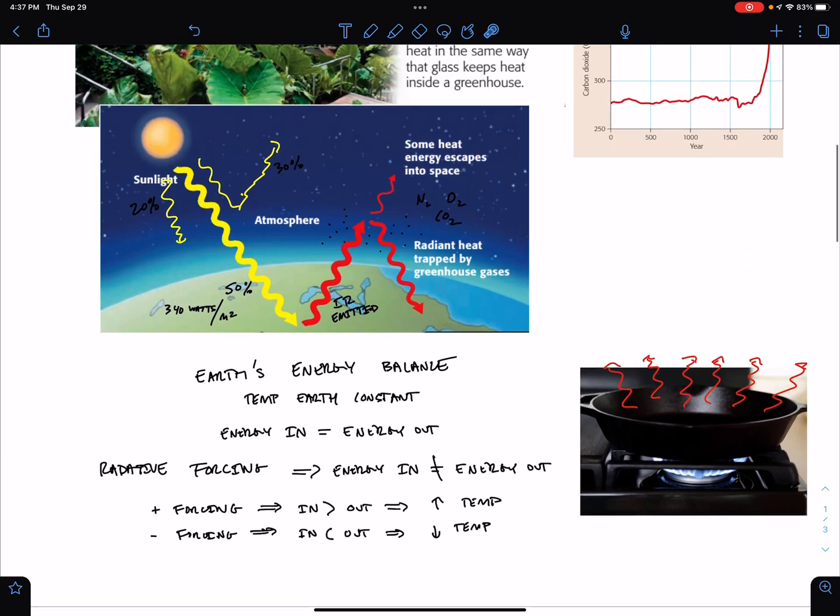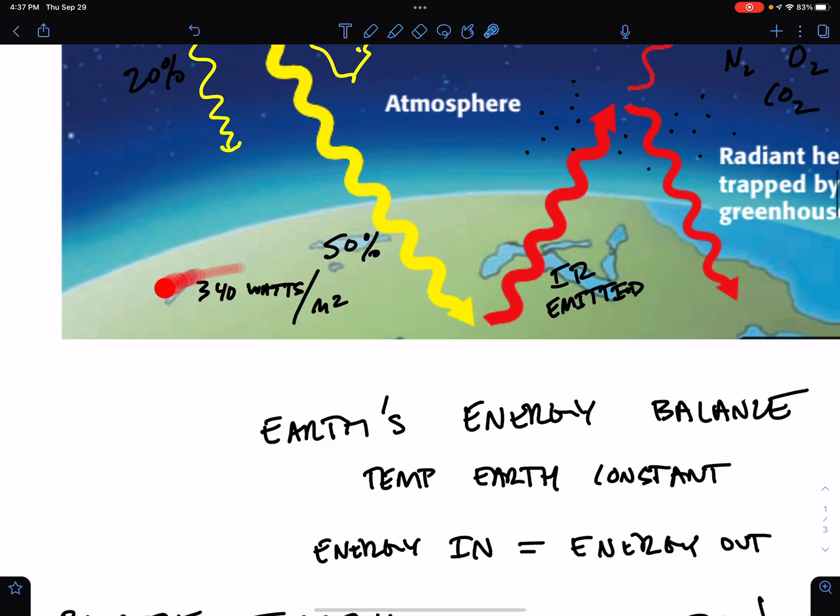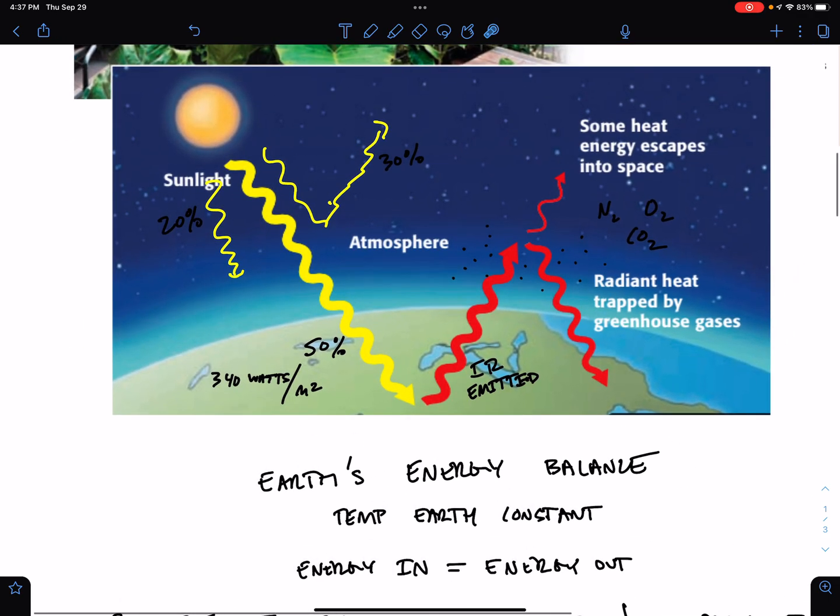Okay, how does that relate to the Earth? Well, we know that we have 340 watts per square meter coming in of energy from the sun. And in order for the Earth's energy balance to stay constant, it has to re-emit 340 watts per square meter.